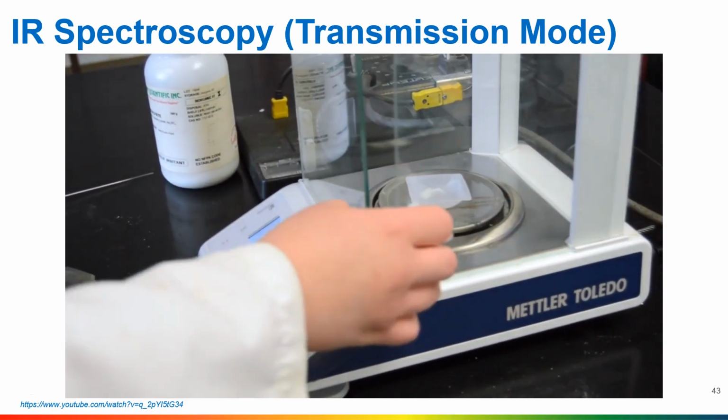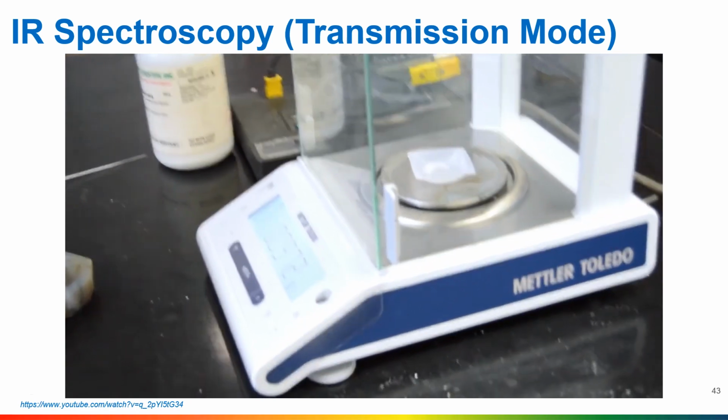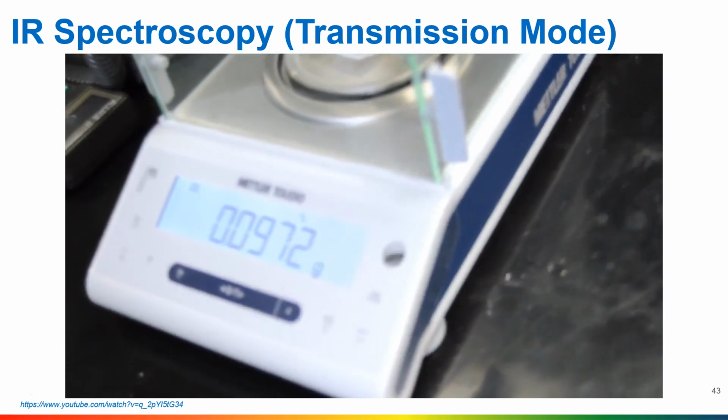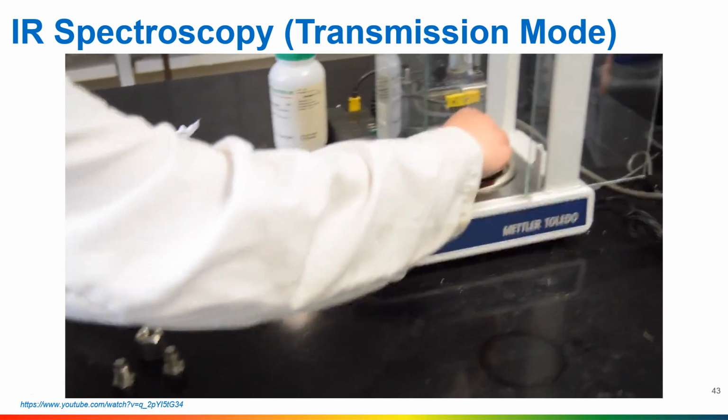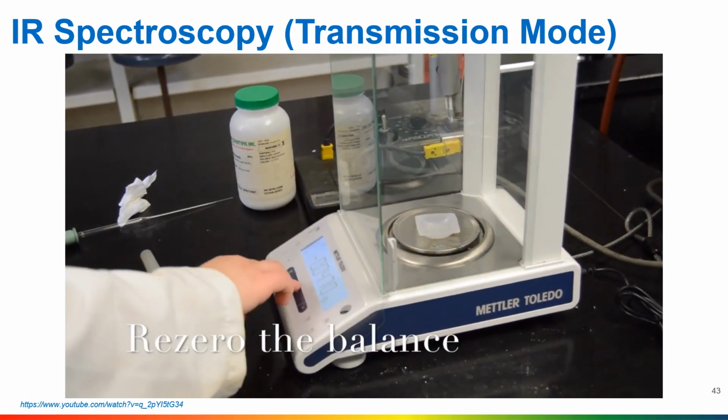Once you get the 100 milligrams, then place the measured potassium bromide off to the side. Next, zero the balance again with a new weigh boat.